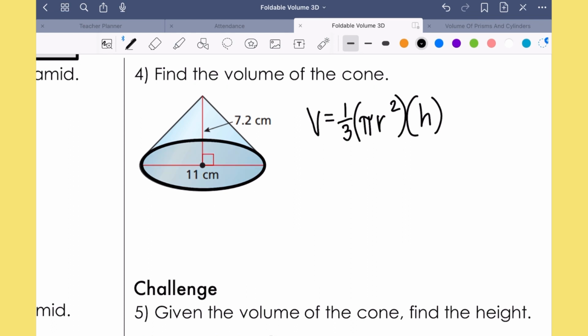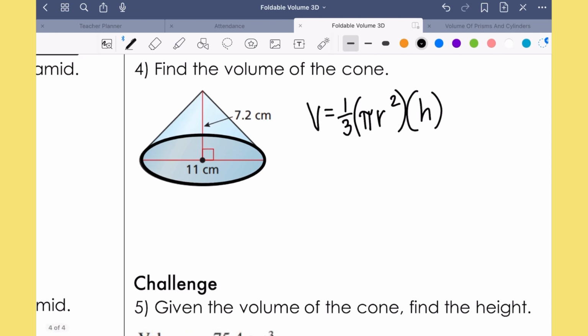I do need a radius though, and that is not a radius, that's a diameter. Remember, if it gives you a length that goes all the way across the circle, that's not your radius, that's your diameter. So we need to find half of this. Half of 11 is 5.5. Okay, and then my height is here, 7.2. All right, so we can fill in our formula now.